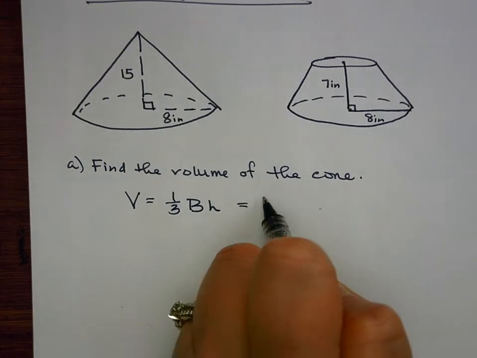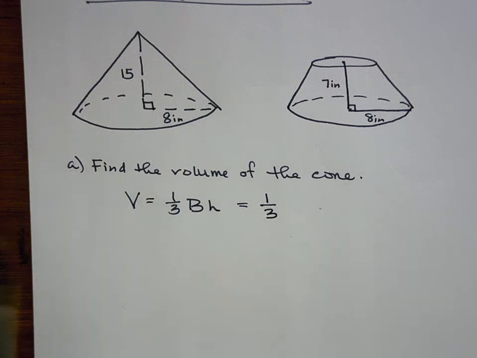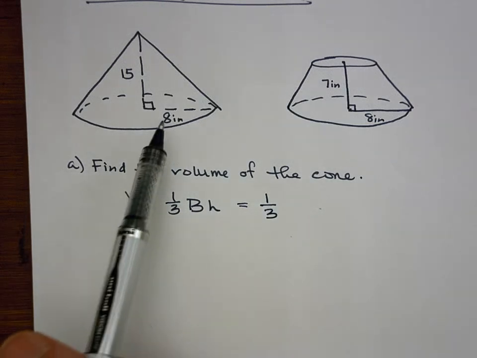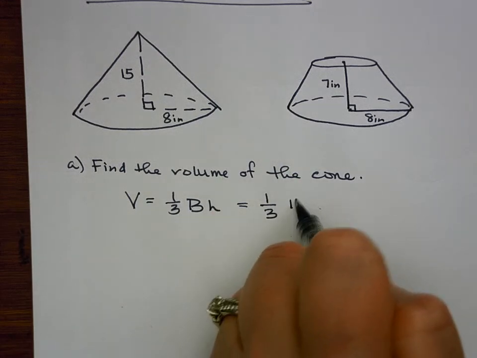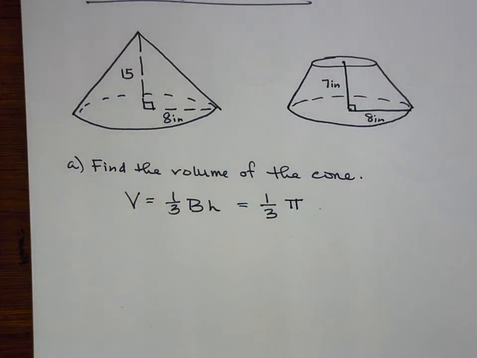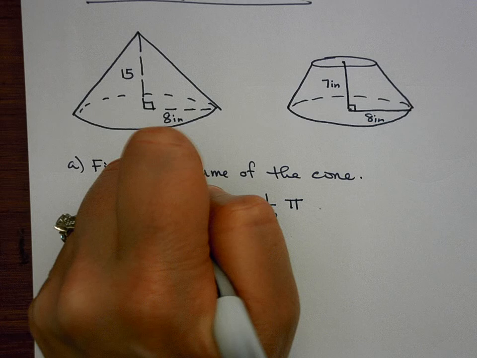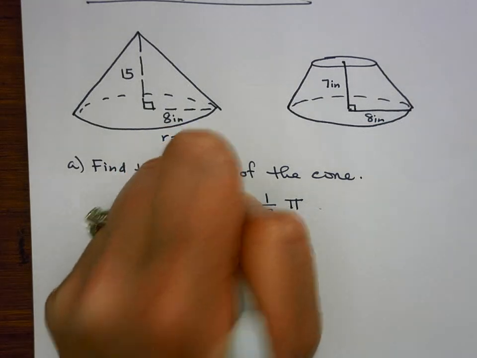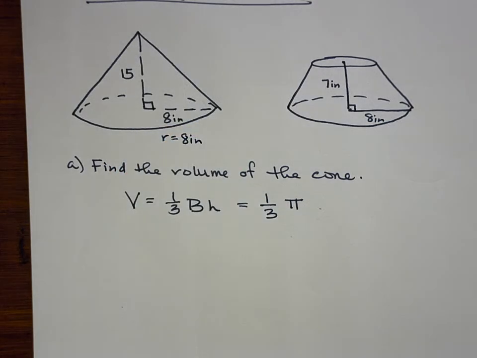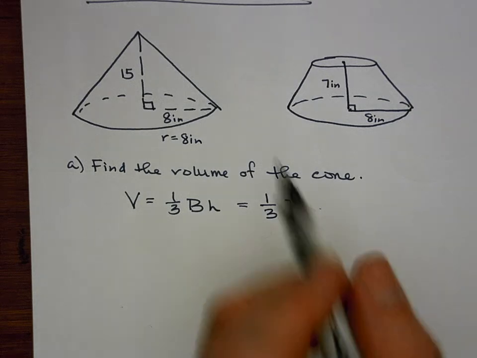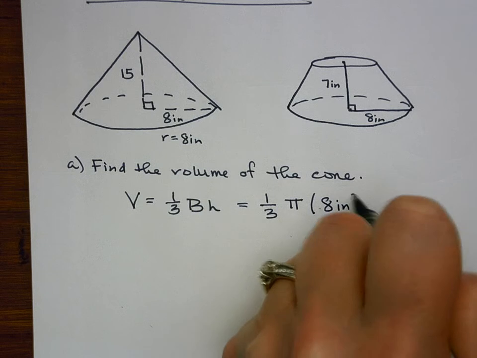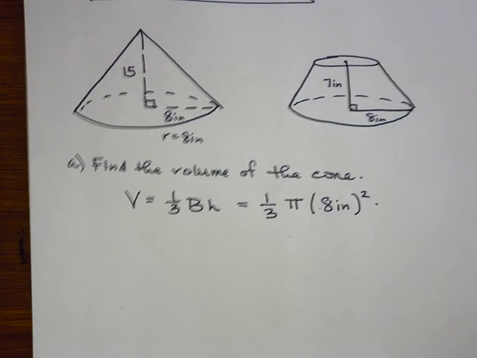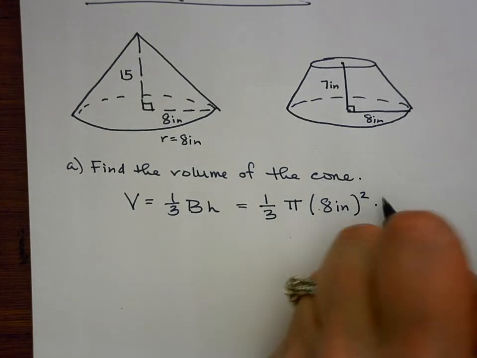So 1/3, and then the area of the base, so this is a circle. So the area formula of a circle is pi r squared, and the radius is 8 inches. And so in order to do that, I would do 1/3 pi, 8 inches squared, and then times the height of the cone, which is 15.